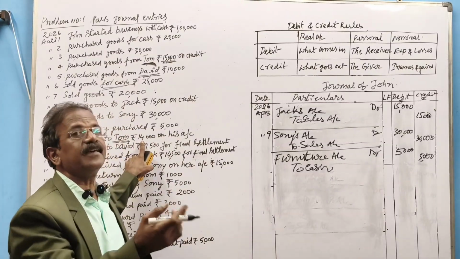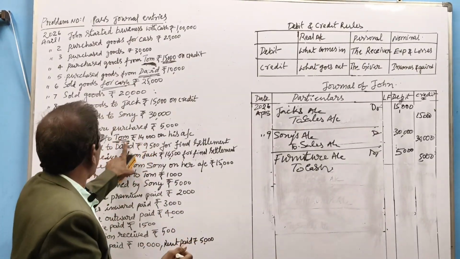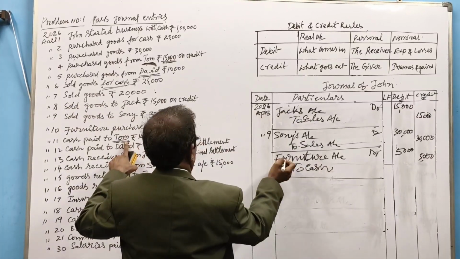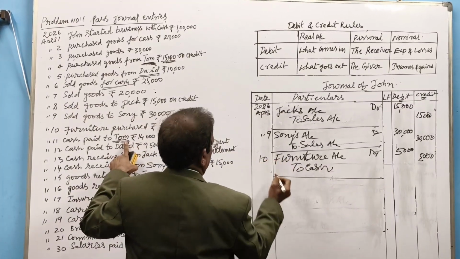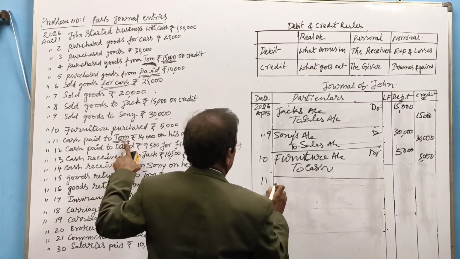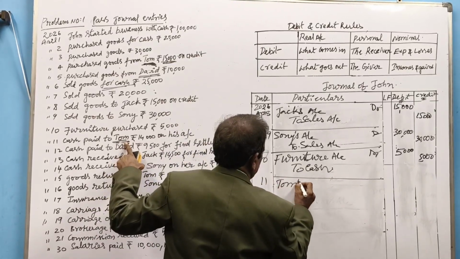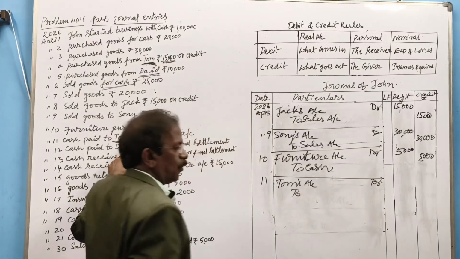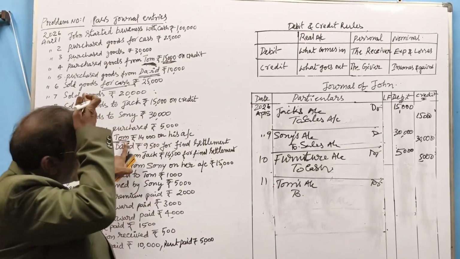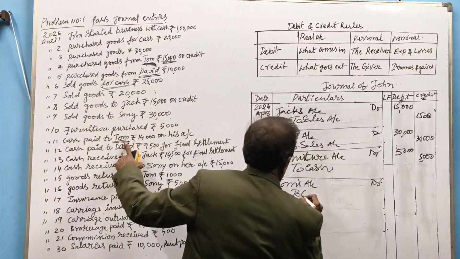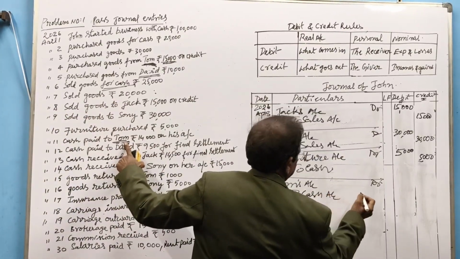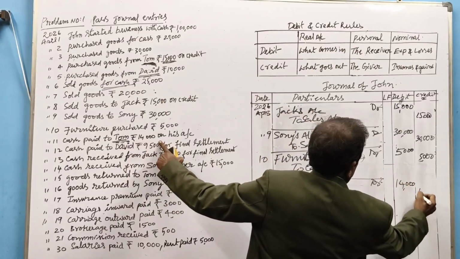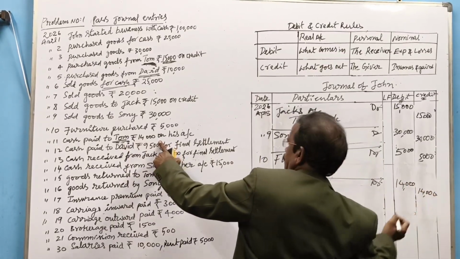Then who is receiving that? Tom is receiving. So, eleventh, Tom's account debit. What are we giving? We are giving cash. So cash account 14,000.